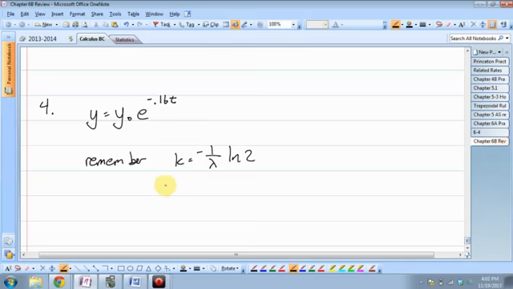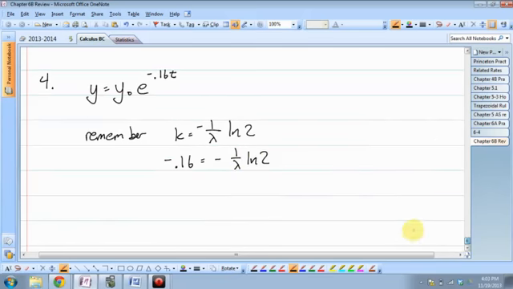So that means negative 0.16 equals negative 1 over lambda natural log of 2, or lambda is 1 over 0.16 times the natural log of 2.